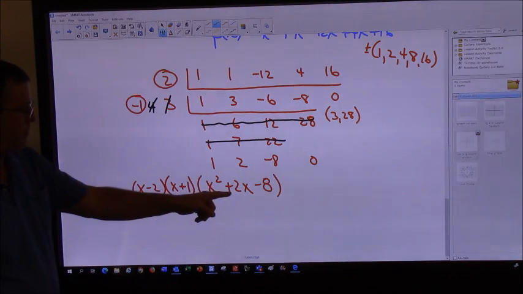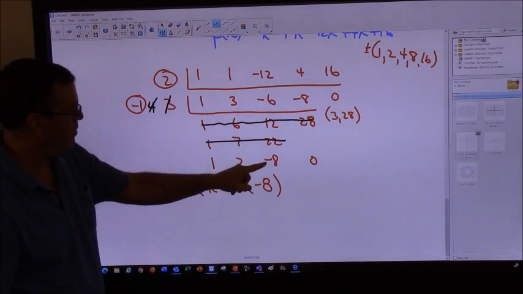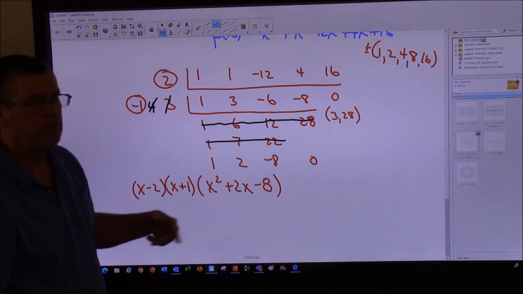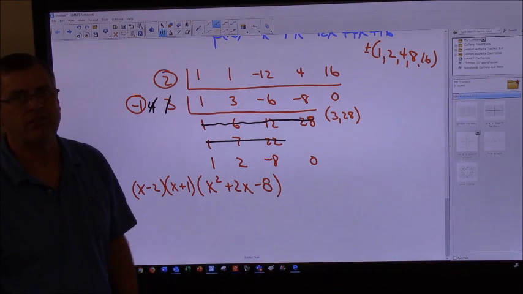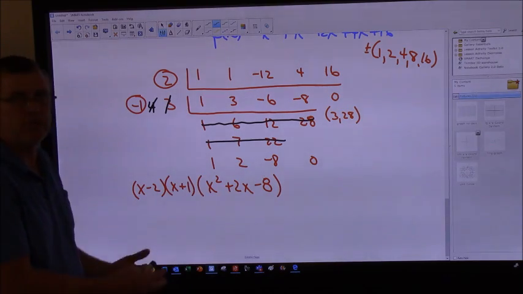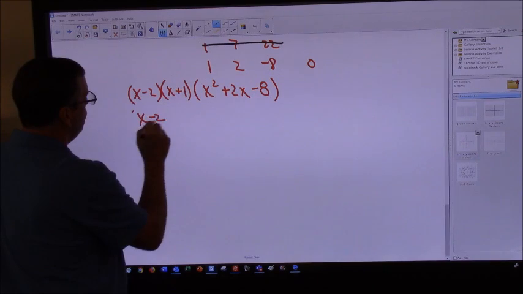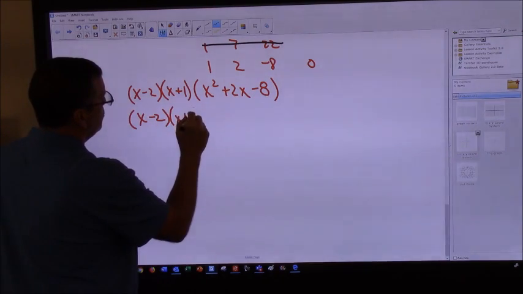And so the only question is, could I factor this farther? Remember, I told you guys, every time I get down to 3 numbers, I'm going to write it as a quadratic because I think those are easier to factor. It's easier than continuing to guess and check and make mistakes, you know. So now I look at this and say this is x minus 2 times x plus 1.